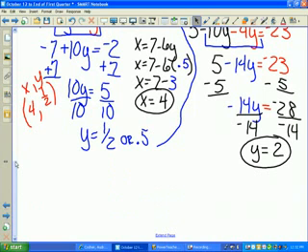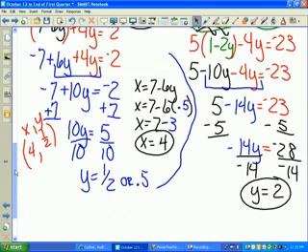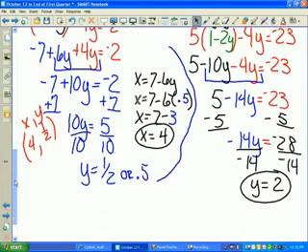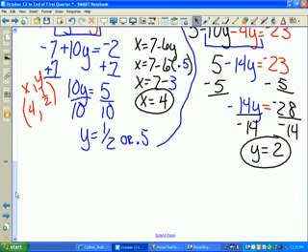So if that's what y equals, what does x equal? So x equals 1 minus 2y. So instead of that y, I'm putting in a 2.